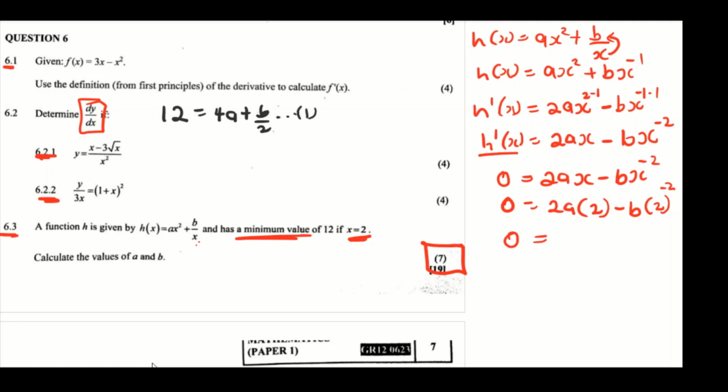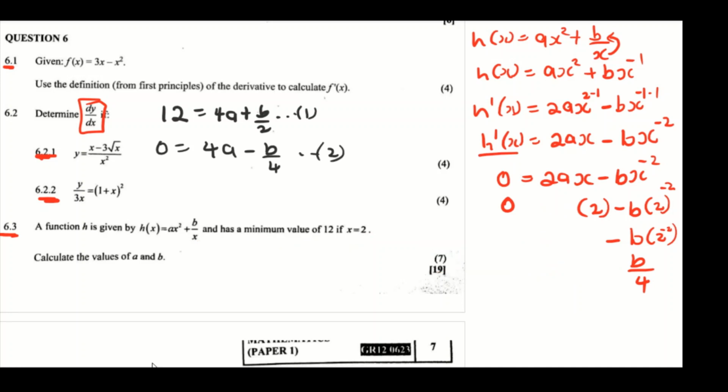So 0 is equal to 4a minus b into 2 to the power of minus 2, right? So 0 is equal to 4a minus b over 4. That's our equation 2.